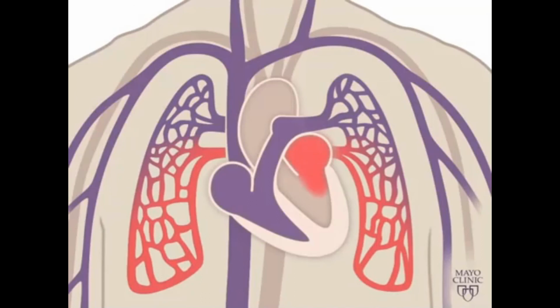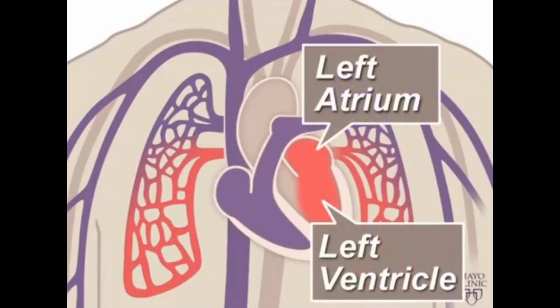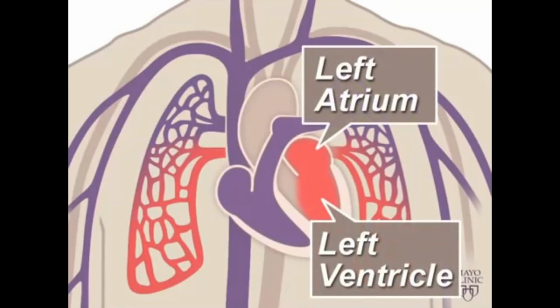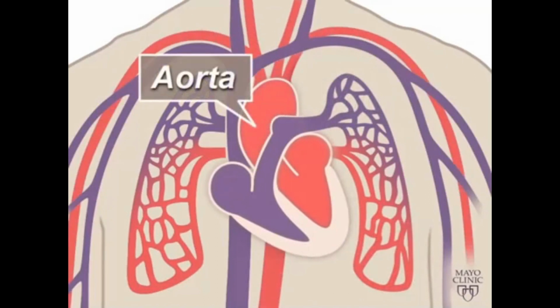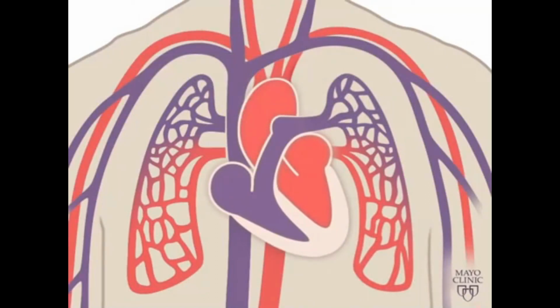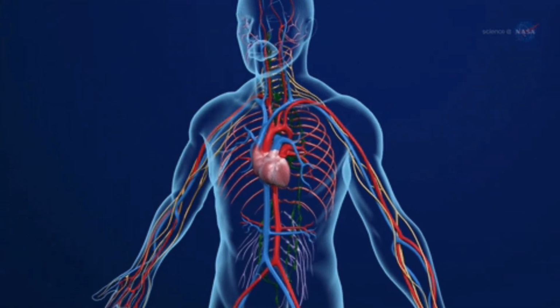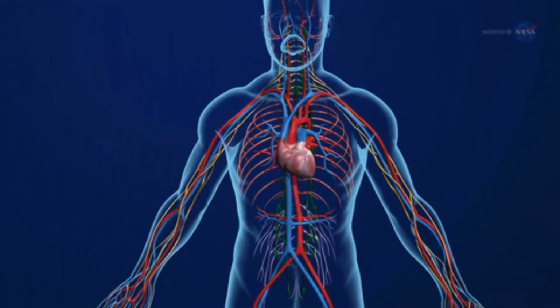Oxygenated blood travels back to the heart and it will be received by the left atrium. Then it goes down to the left ventricle and pumps blood to the largest artery, which is the aorta, going to the rest of the body to deliver oxygen.